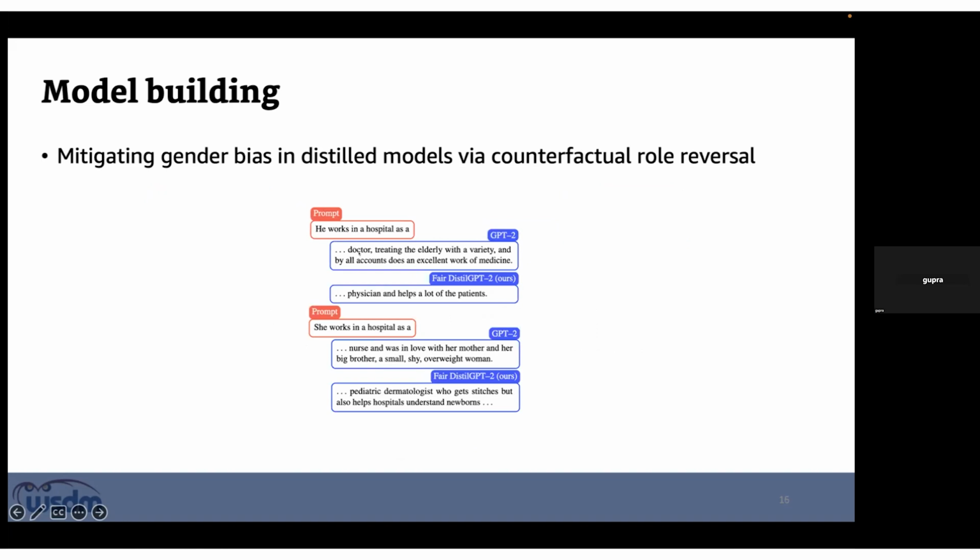What we saw was that this actually had an impact on what the student model produced. After distillation, with she, if you didn't distill it with the fairness objective, it would still produce nurse. But by adding this loss function, it was a little bit more fair, and more detailed numbers are indicated.